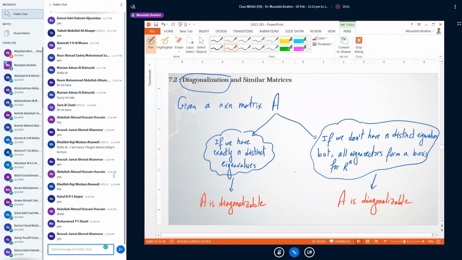It can be diagonalizable, it cannot. We are sure that A is diagonalizable if all n eigenvectors form a basis for Rn. If we have fewer than n, less than the dimension, it's not diagonalizable. Understood, guys?